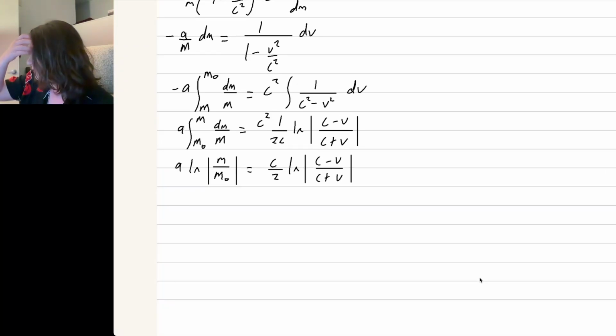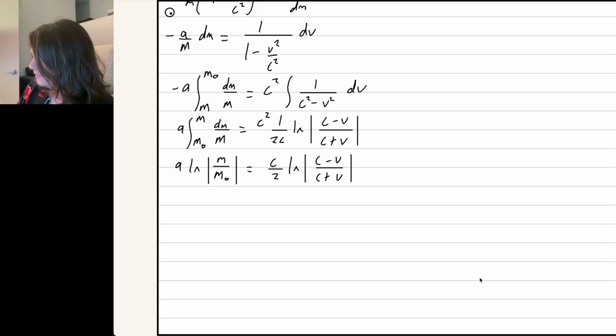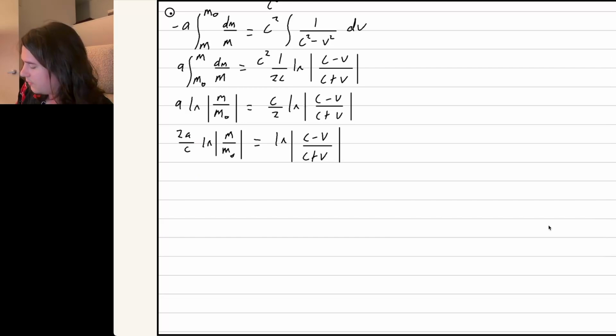Now that both sides of the equation are natural logs, you can probably infer that our next step is going to be raising both of these to the e. When we do, we're going to have m over m naught to the 2a over c on the left hand side.